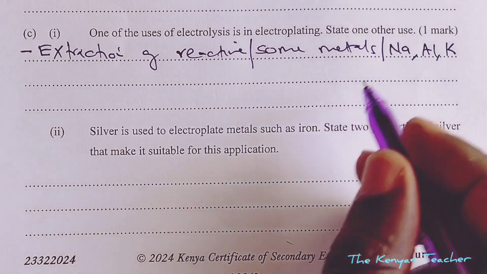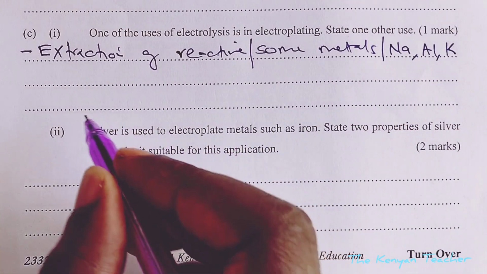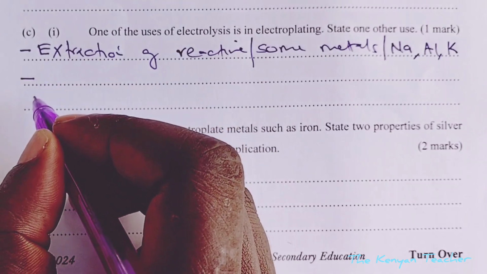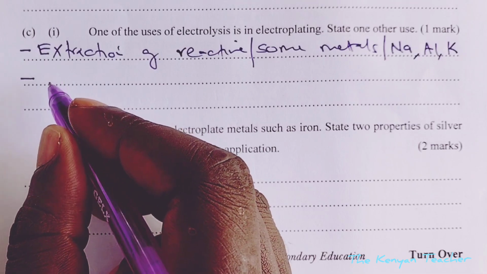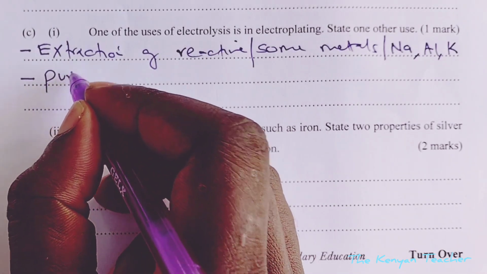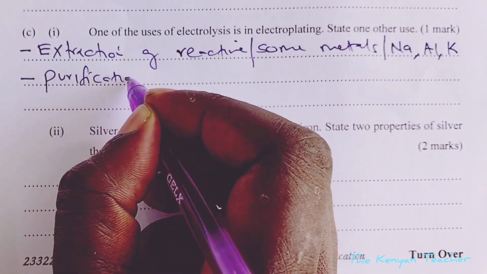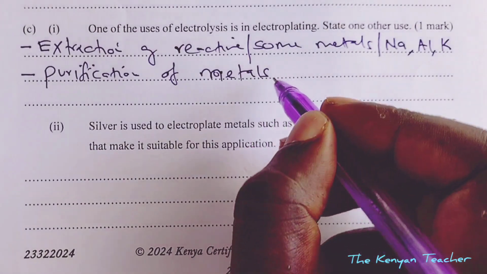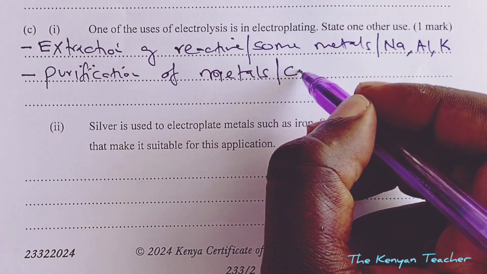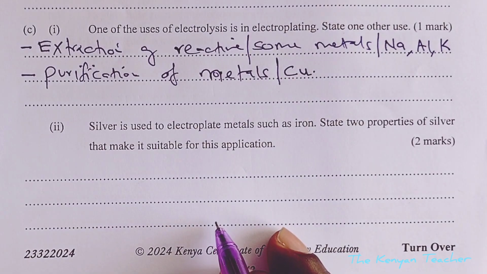So you can list them as well for that 1 mark. Other than extraction of some metals, we also use electrolysis in purification of metals. Here, somebody can give an example of copper. So you can say purification of copper.